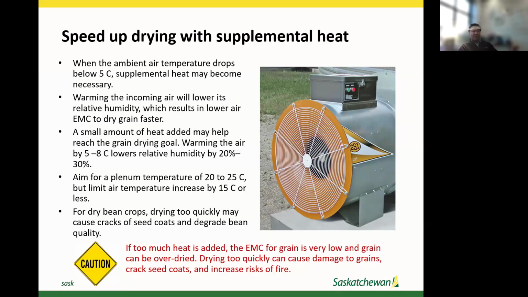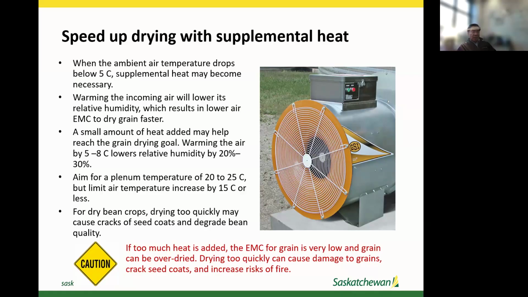Limit that to 15 or less, somewhere around 10 to 15 degrees. That would make your drying process efficient and also avoid damaging the quality of your grain inside the bin, particularly for dry beans.